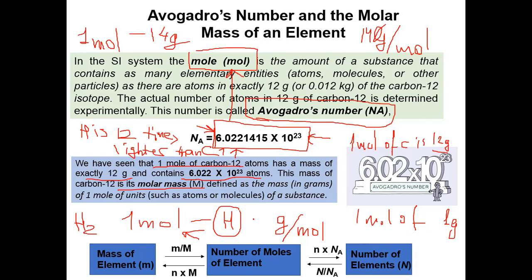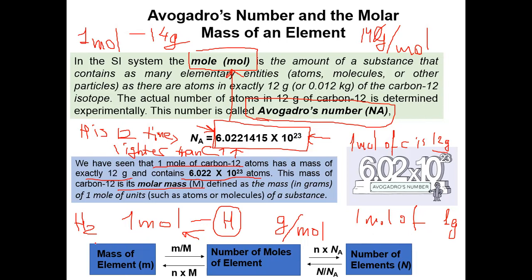If we measure the mass of 1 mole of that substance, we will find that this is the molar mass of that substance. So now let's look at how they are related.